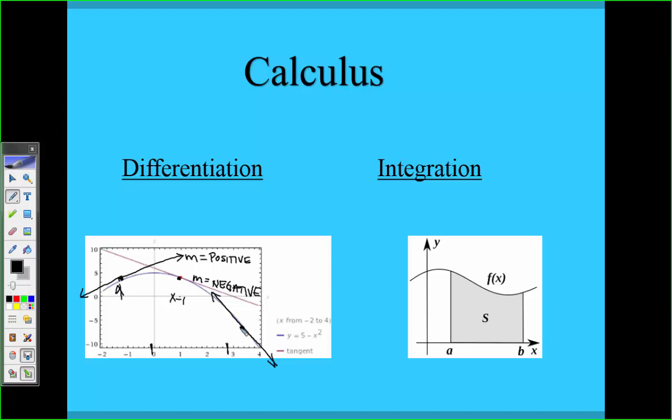As I was speaking of earlier, cost. If this represents a cost function, if the blue line represents the cost for producing some widget in manufacturing, we can see what's happening with the cost at any production level. Or if it represented the volume of, let's say, water coming into a lake, well, if we can measure the rate of change of the water, we can measure how fast it is coming in.